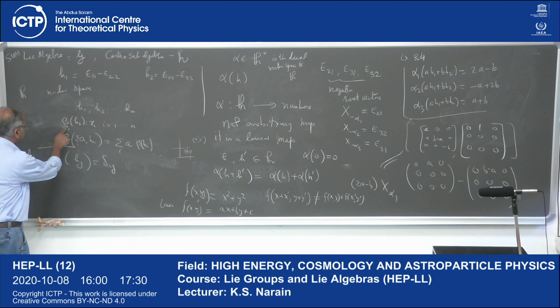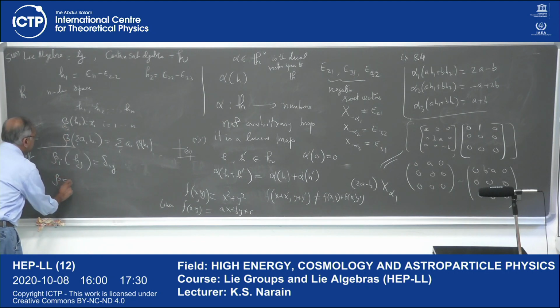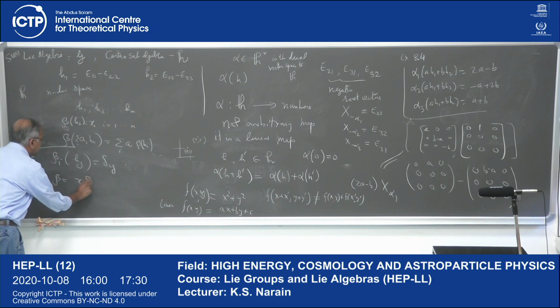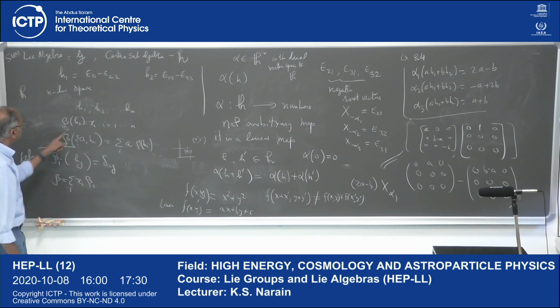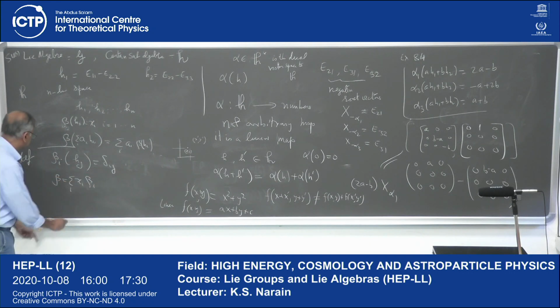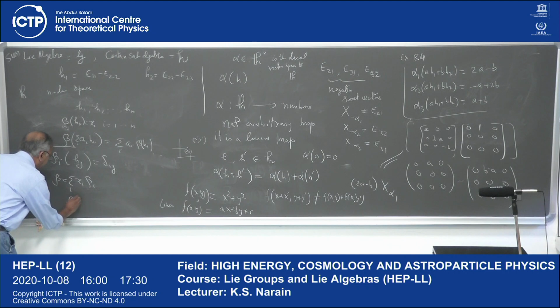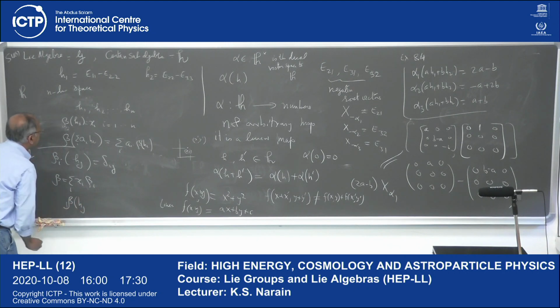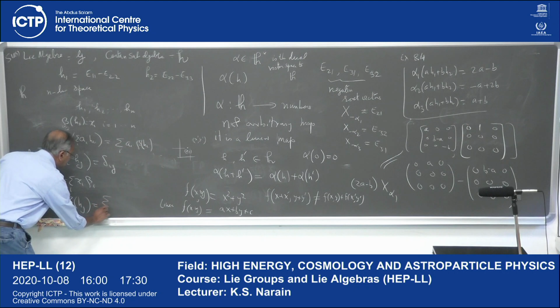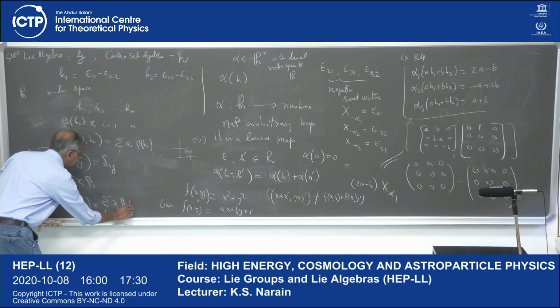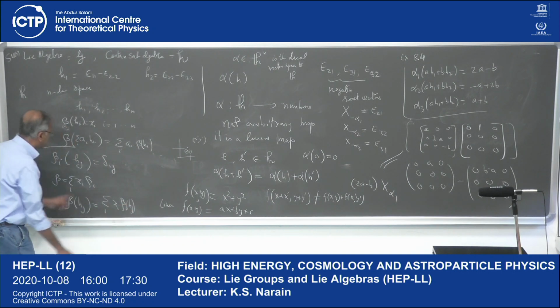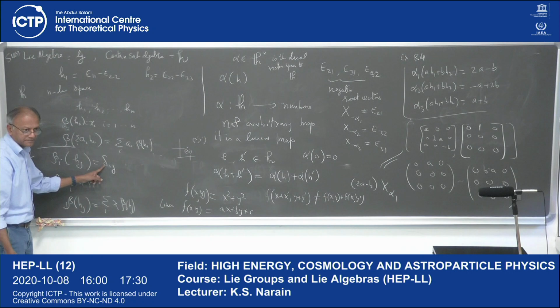Now this is enough. Because now you see, I can write beta as simply the sum over I of xi beta I, with arbitrary numbers xi. This beta is nothing else but a linear combination of these beta i's. Because we can just check: if beta acts on Hj, then it's the same as the sum over I of xi beta I acting on Hj. But beta I acting on Hj we have defined as delta Ij.